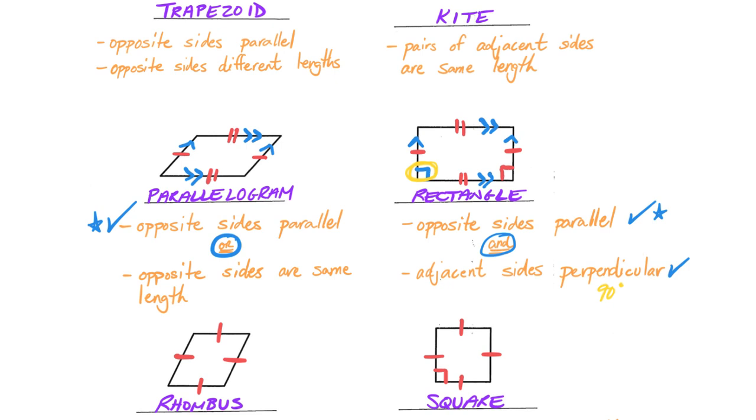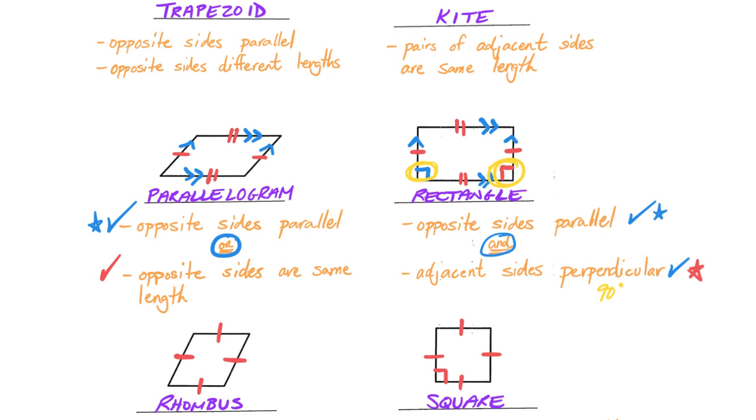If you create a four-sided shape where each pair of opposite sides are the same length, I create a parallelogram. That would satisfy a rectangle, but only if the adjacent sides are still perpendicular. You can see that on that bottom right corner of my rectangle.